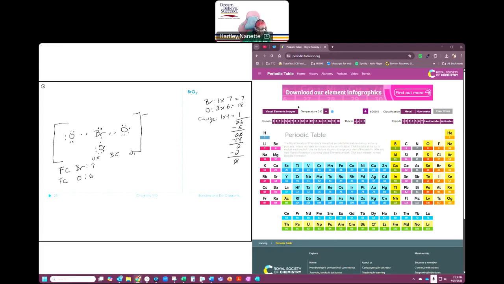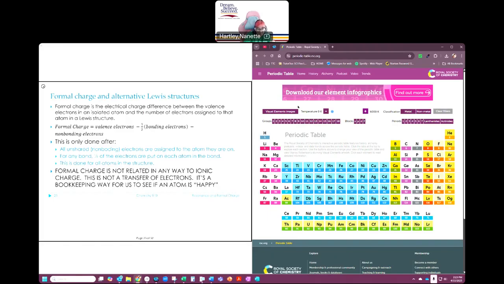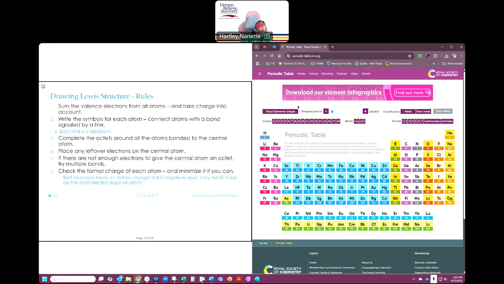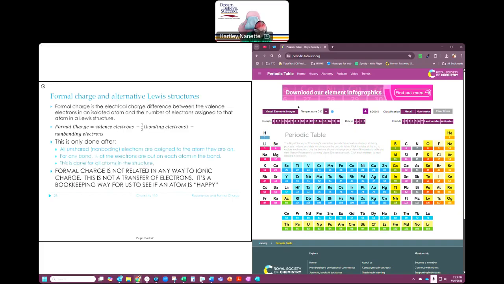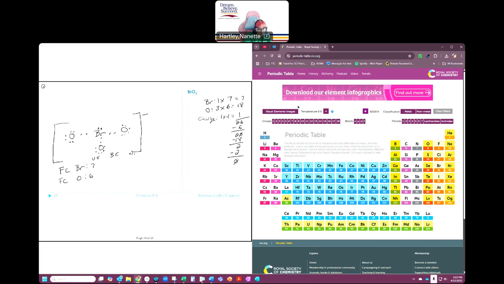Now, the other thing that we talk about with this formal charge, it says half of the bonding electrons and the non-bonding electrons. So we're going to subtract half of the bonding electrons and the non-bonding electrons. So let's think about this for a second.